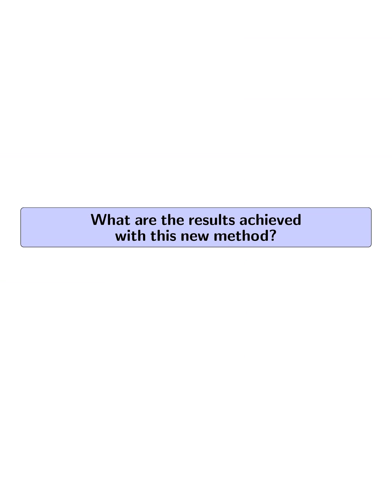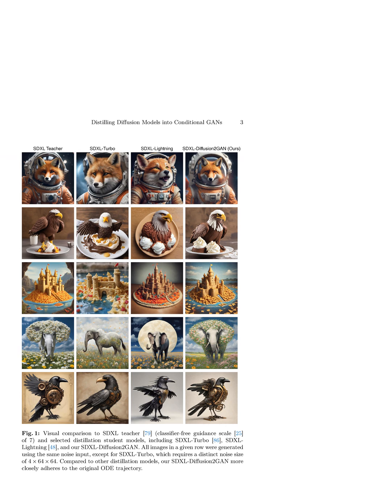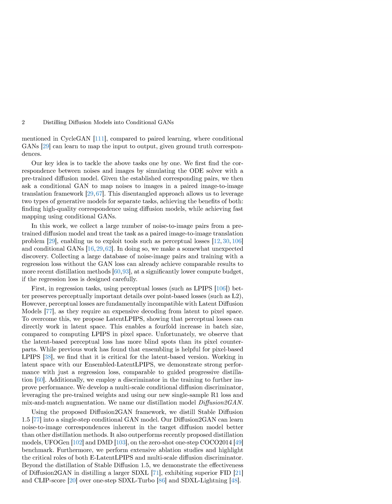What are the results achieved with this new method? The new method, Diffusion2GAN, achieved superior results in distilling Stable Diffusion 1.5 into a one-step conditional GAN model. It outperformed other distillation models like UFOGen and DMD on the zero-shot one-step COCO 2014 benchmark.